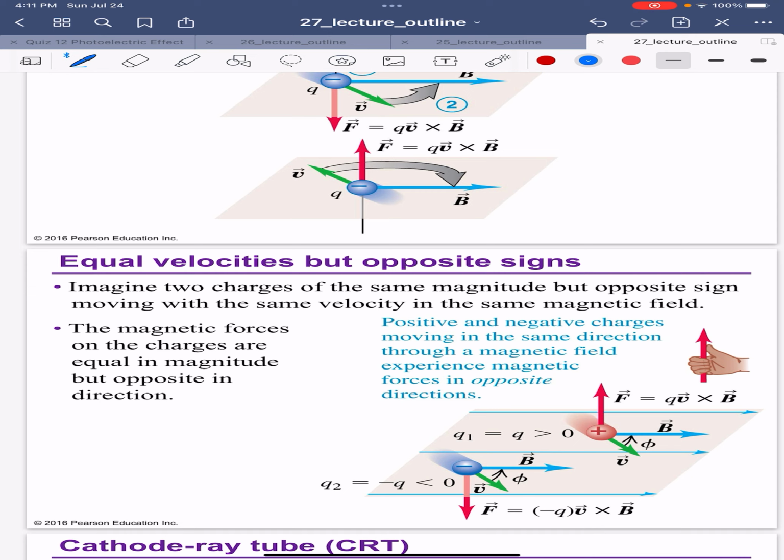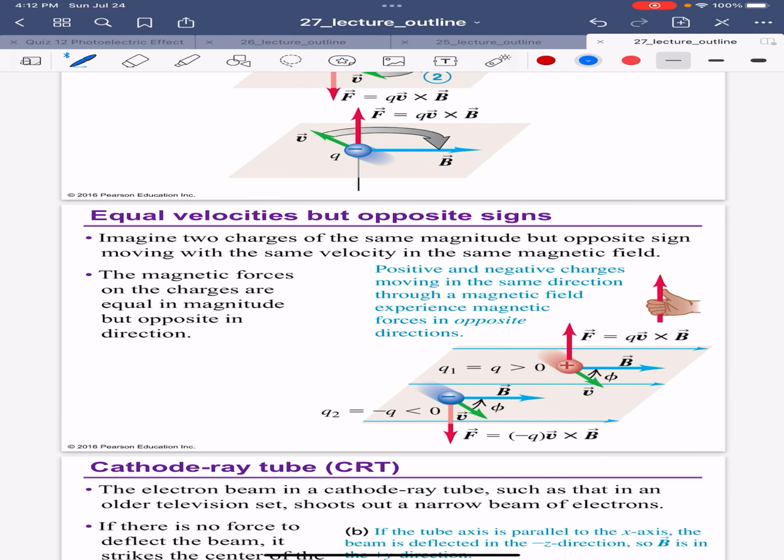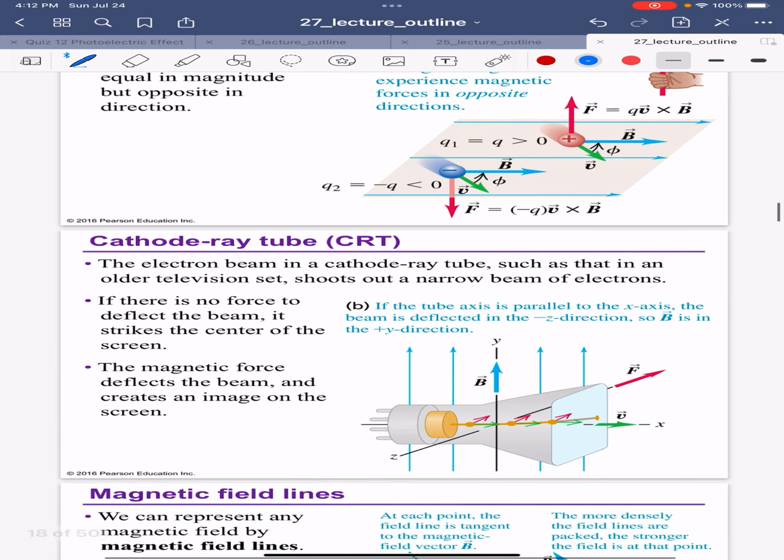If we have two charges with the same magnitude but opposite sign, moving with the same velocity in the same magnetic field, then the magnetic forces are equal in magnitude but opposite in direction. That is because, again, for the negative charge, you assume your charge is positive, determine the direction of F, and then say it is going to be in the opposite direction.